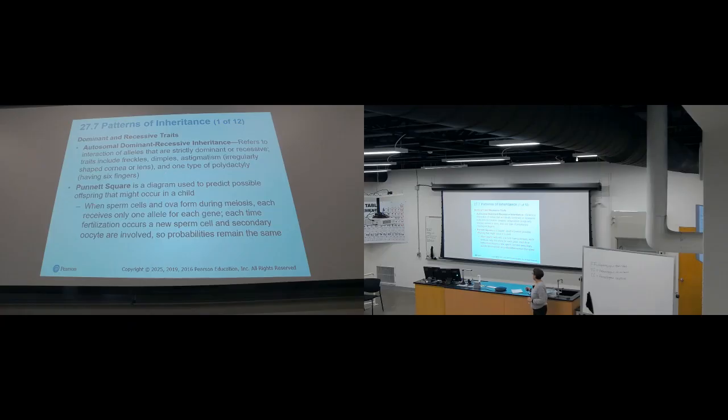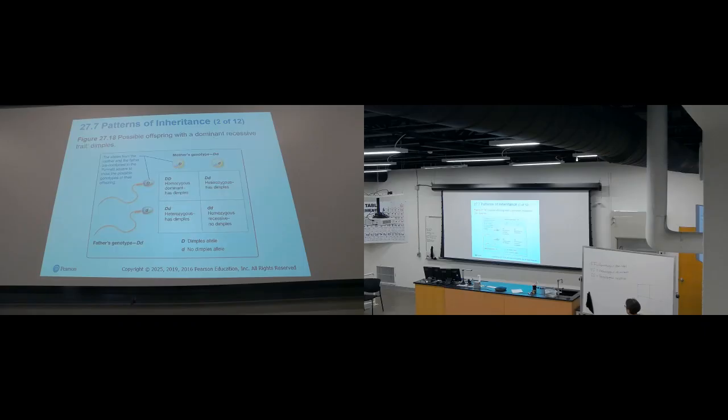So then you use a Punnett square, which is a simple tool. It's just a square, a diagram. And then you plot in the different quadrants what type of genes come from the parents, and then you can calculate the percentages or the probabilities.